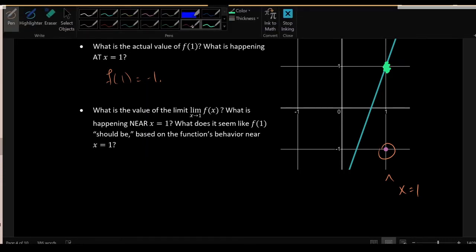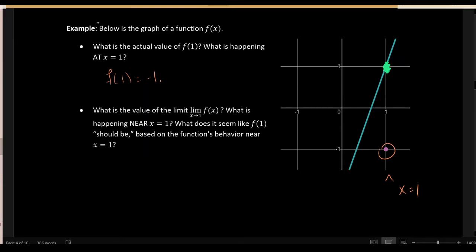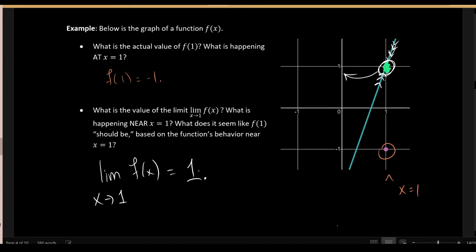Nearby x equals 1 are these points here on the left-hand side, here on the right-hand side, which I'm going to indicate with these white chevrons. And if I consider the behavior of the function near x equals 1, it seems like the function's output should be this point at y equals +1. That would be the value of the limit. As x gets close to 1, the y value also gets close to 1.